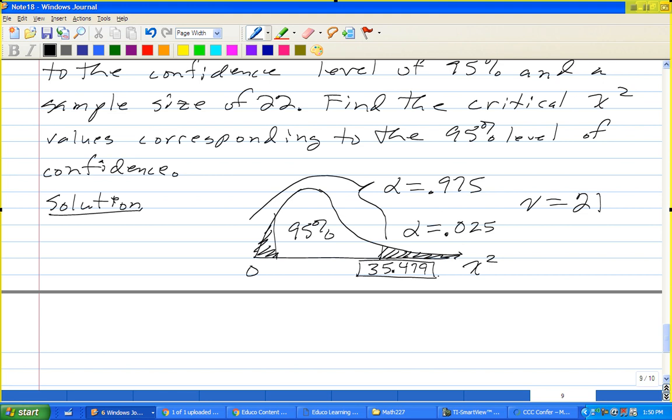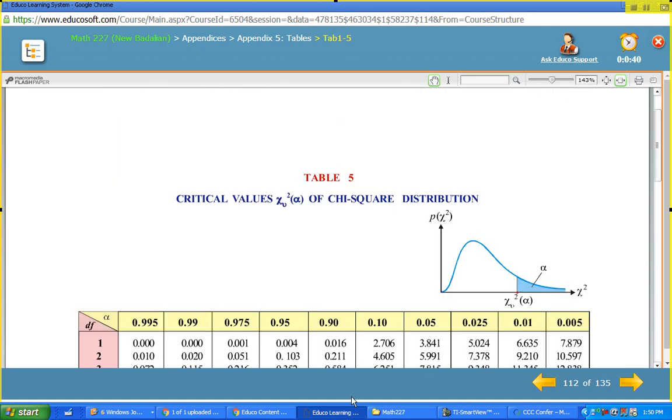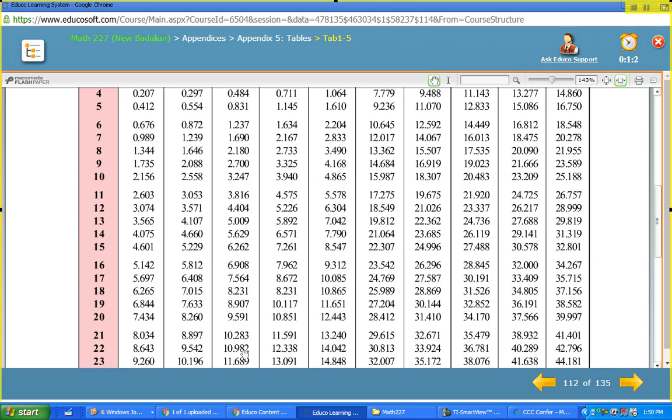Now, I could look over here at 0.975, but notice this is the first, second, third column. To find the corresponding one, if this is the third column, you go to the third column on the other side. If this was the second column on the left, go to the second column on the right. And so I was at the third column, and I want 21, 10.283.